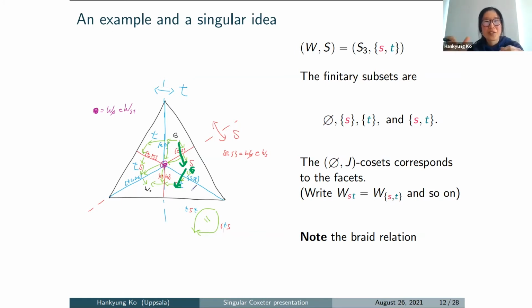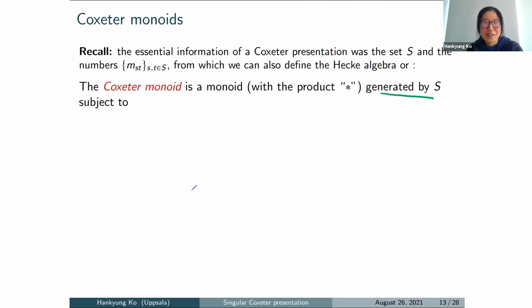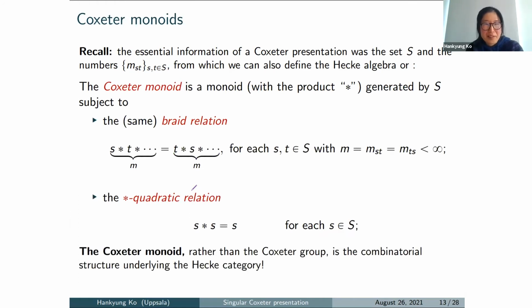So it only goes forward or stays. Later we will do things with these paths and this Coxeter monoid. This kind of presentation is suitable for the kind of paths that we will consider.